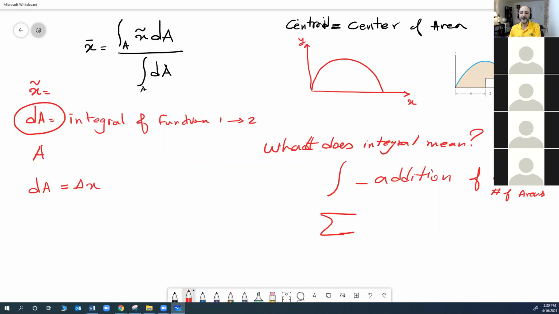The difference is if you use sum of f's, which we use a lot in this course, you have a finite number of f, meaning you have 2, 3, 10, 1,000. You can count them, right? But with this one, you don't know how many. They're an infinite number of areas.